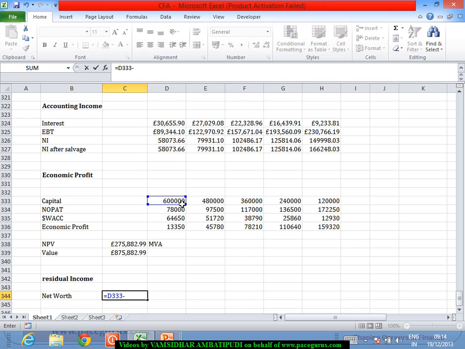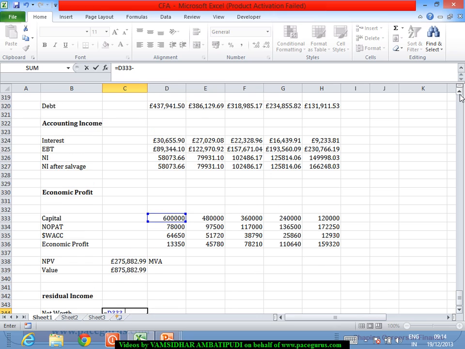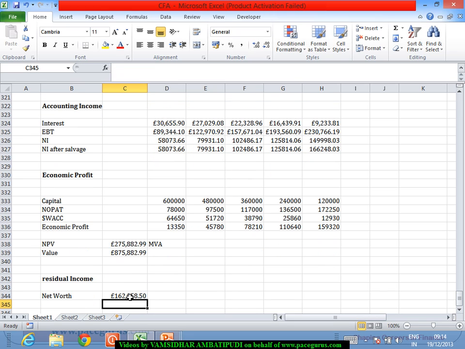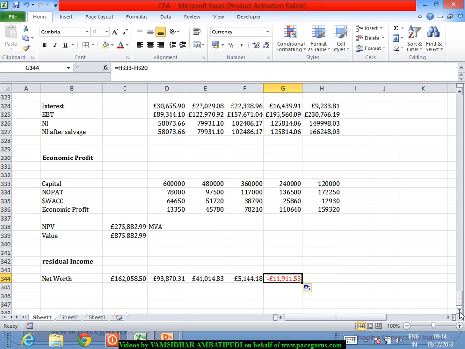So the net worth is going to be positive in this particular year, whereas slightly it is going to be negative in the fifth year. Let's look at it. The net worth is going to be negative in the fifth year, going with this combination of assets and liabilities.